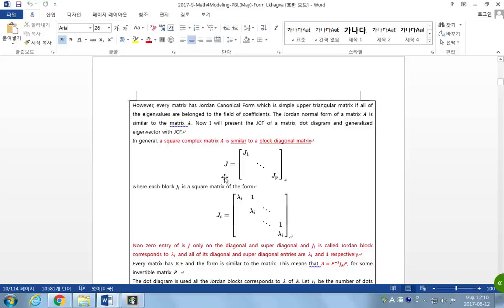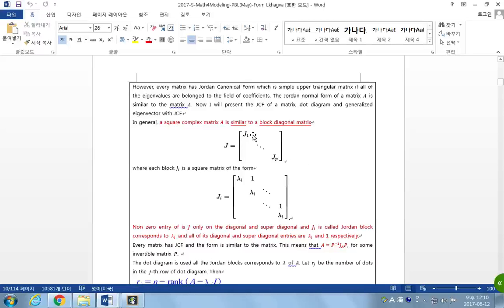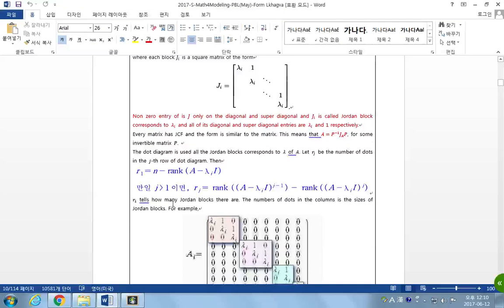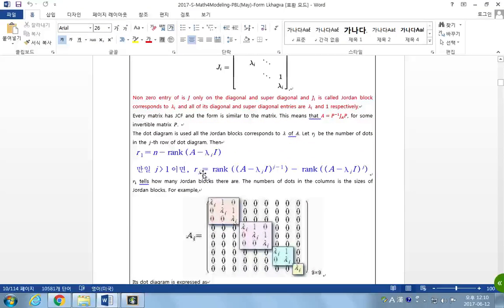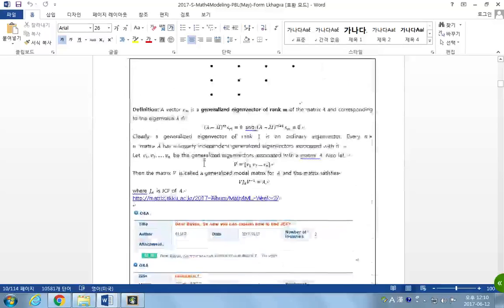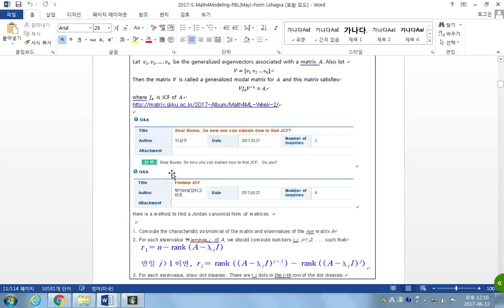Jordan canonical form is like this, and every Jordan block looks like this. And here I also tried to show how to find the Jordan canonical form using a dot diagram. And the professor asked me, can you explain how to find the Jordan canonical form?